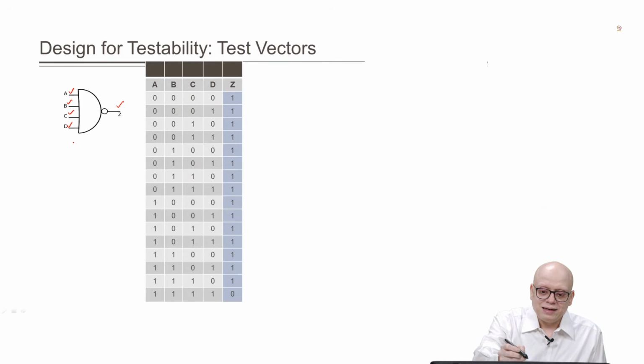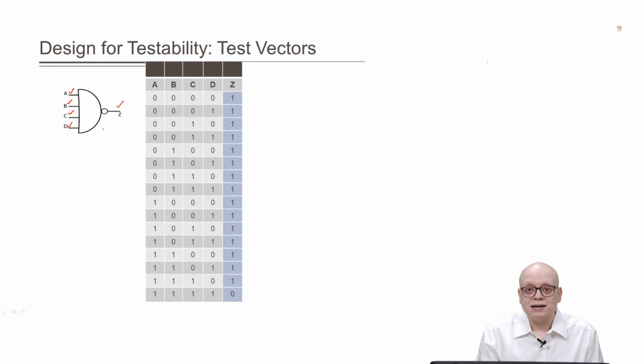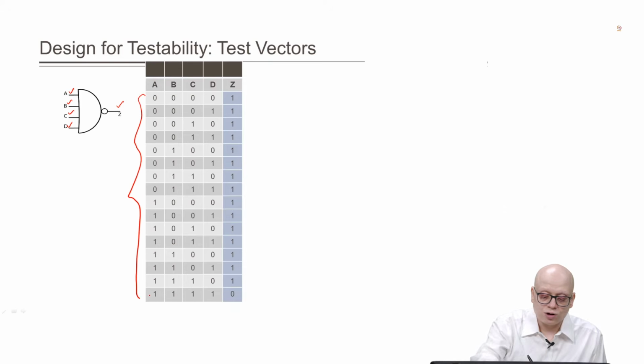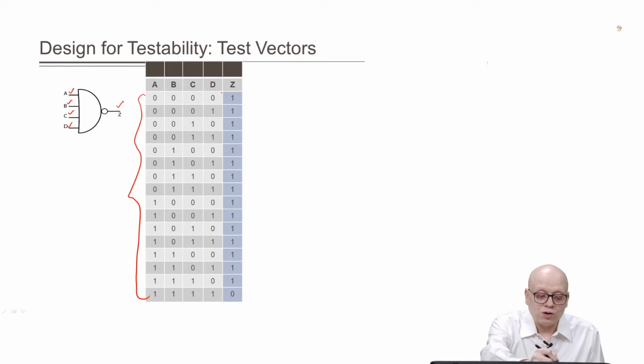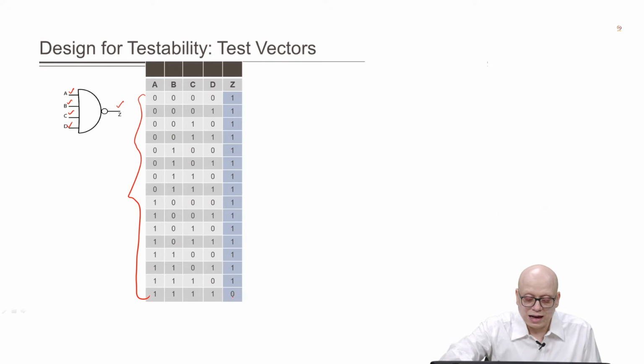So, first let us see that if our circuit is fault free and this is a NAND gate, then since there are 4 inputs, we have 2 to the power 4 or 16 input combinations, right. For the case when all the inputs are 1, we have the output value 0, and in other cases we have the output value as 1, right.